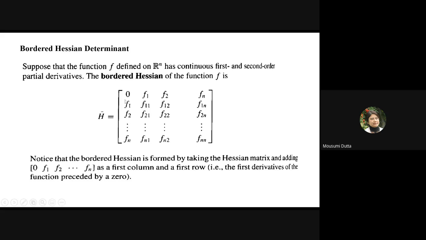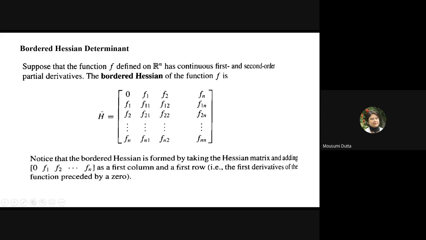However, there is a border attached, an additional row and an additional column, and these borders are prepared using the first order derivatives only.